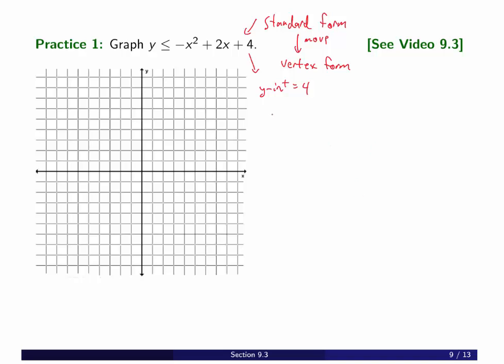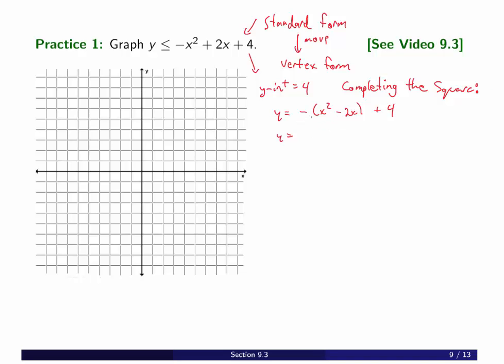Now we have to complete the square. I'm going to factor out that negative from the first two terms. I'm completing the square here. Remember, completing the square moves you from standard form into vertex form. So if you had a weakness here, you've got to iron that out.